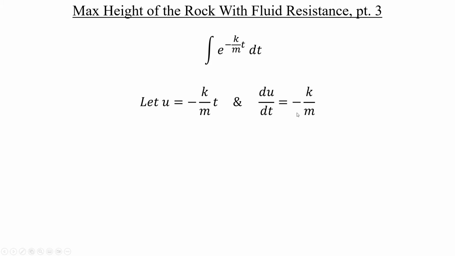And this is pretty easy to do because on this part, minus k over m is like a constant with respect to time. And so we're really just taking a derivative of t with respect to t, which is just 1. So that's why there's nothing over here on this side.